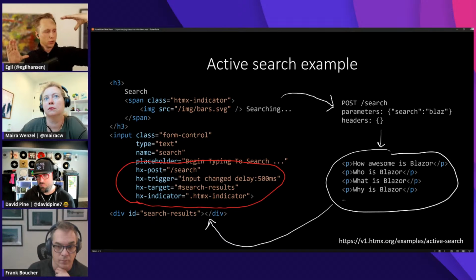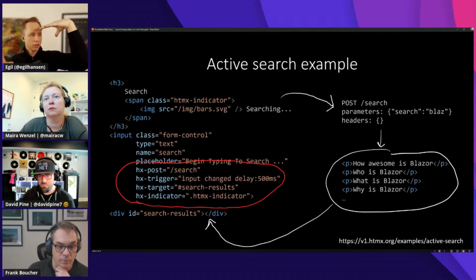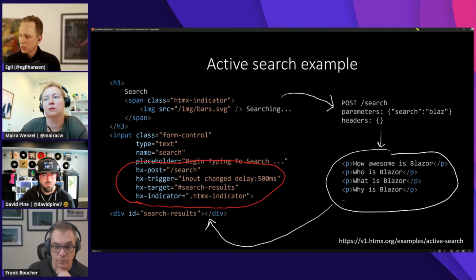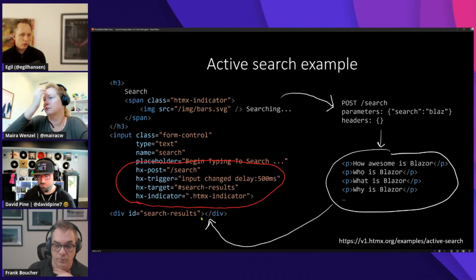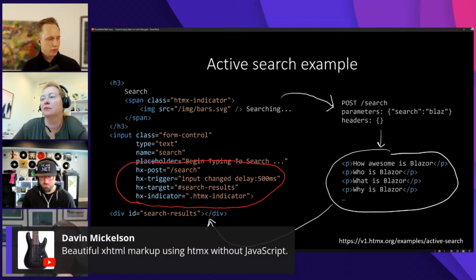It doesn't have to produce the full body of the page. It can just produce whatever it needs to patch into, and then when the response comes back, Htmx will look at the hx target and say, well, okay, I need to put the results into the results div here. So that's how you get that efficient interactivity.